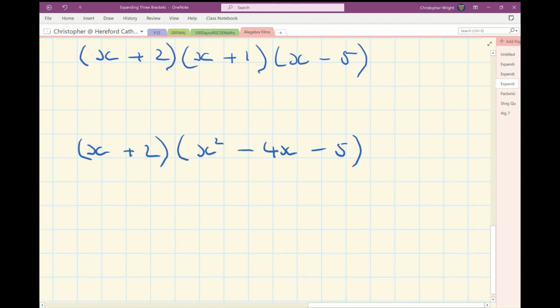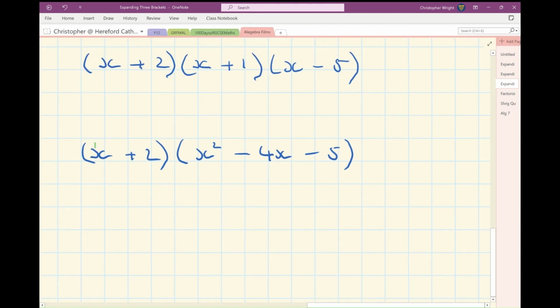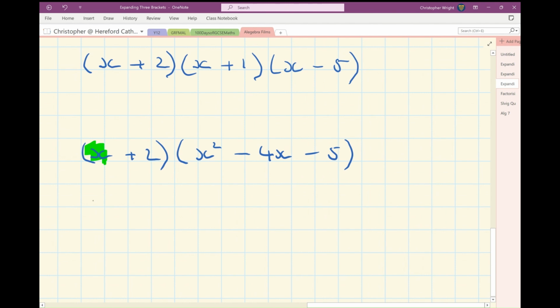Now I'm going to do the x, that x multiplied by everything in the second bracket. So x times x squared, x cubed, x times minus 4x, minus 4x squared, x times minus 5 is minus 5x.